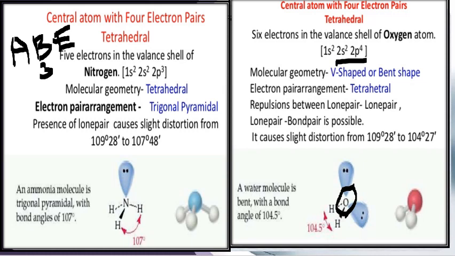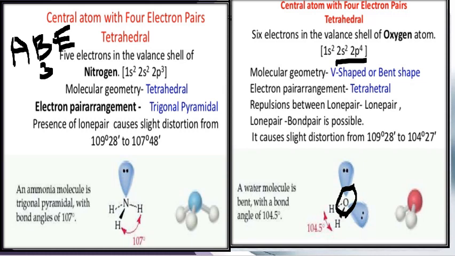So the shape, according to the 4 pairs of electrons surrounding the central atom, should be tetrahedral, but only 2 of them are bond pairs, which will determine the shape, while the lone pairs will influence this shape, right?